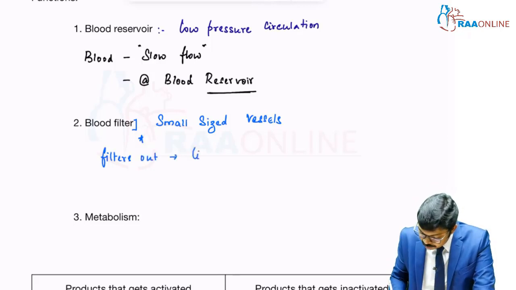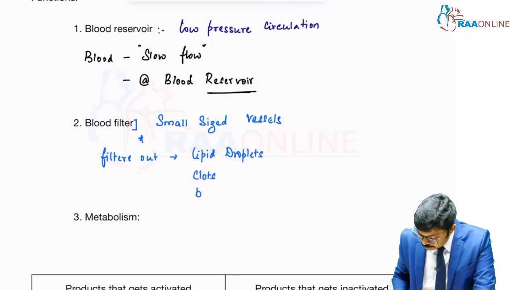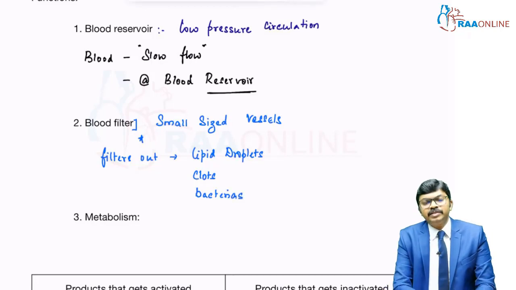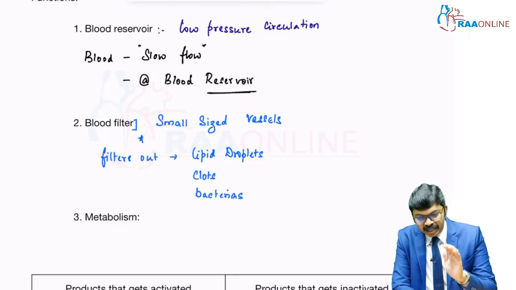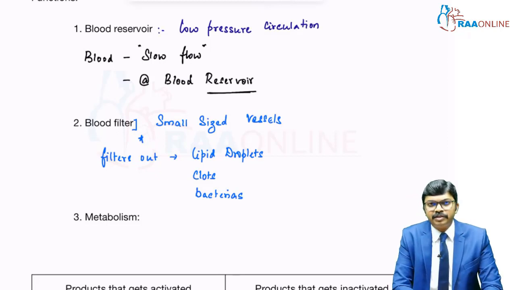That includes lipid droplets, blood clots, certain bacteria as well. Quite essentially, certain materials are getting filtered by pulmonary circulation and get destroyed in the pulmonary circulation itself. Since the lungs do this, the majority of blood clots are prevented from getting into systemic circulation.